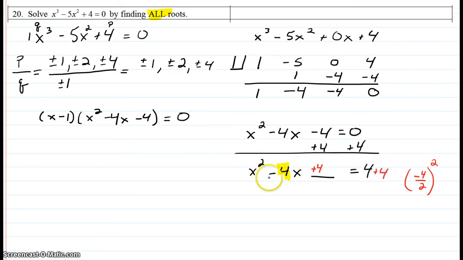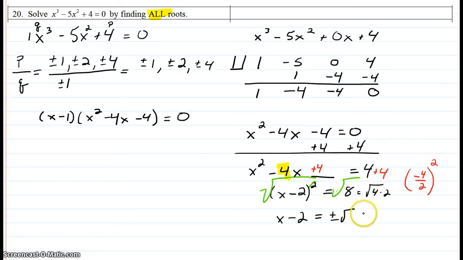And the whole reason we do this is so that I can write it as a binomial squared. So just take half of this there. And the whole reason we do that is because now I can square root. And when I square root, the square cancels out the square. And now I'm left with x minus 2 equals plus or minus the square root of 8. Now the square root of 8 can be broken down to the square root of 4 times 2.